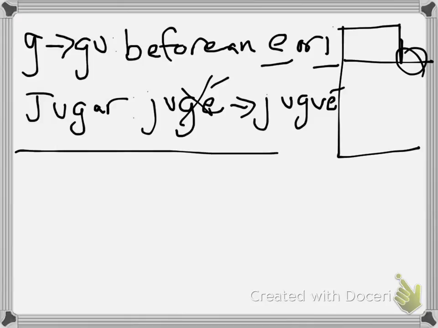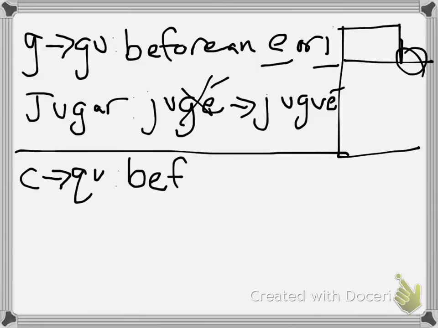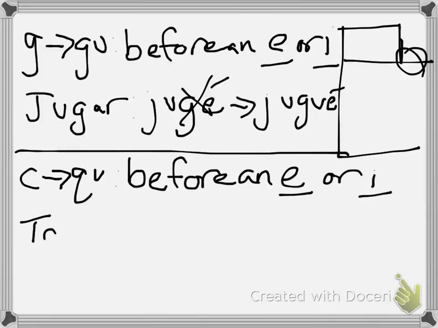Another spelling rule is C to QU. And that happens also before an E or an I. For instance, we have the verb tocar, to play an instrument.